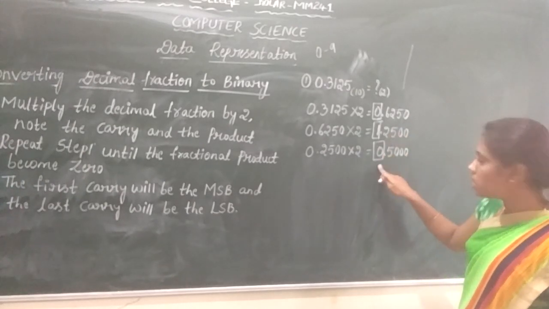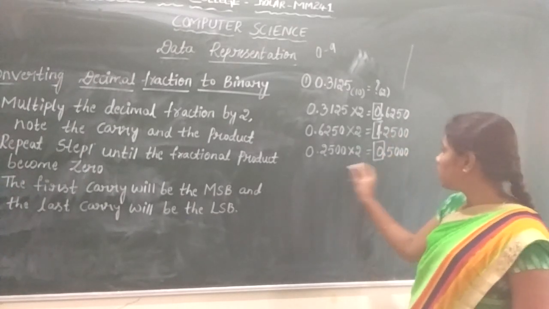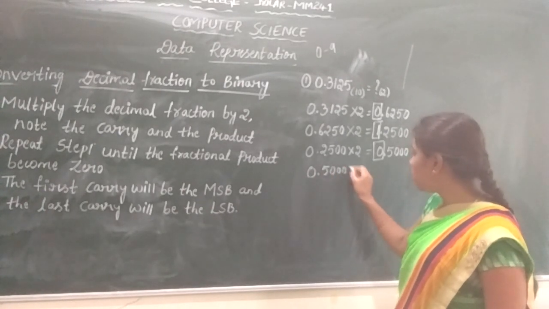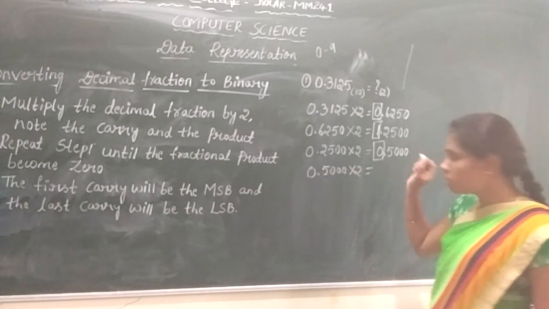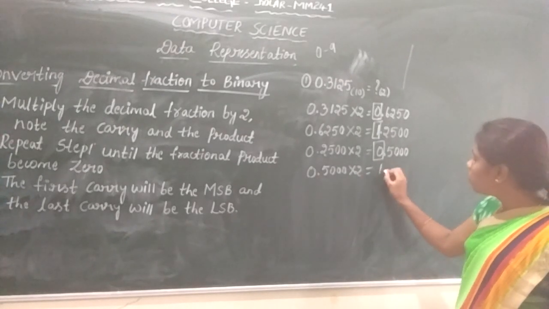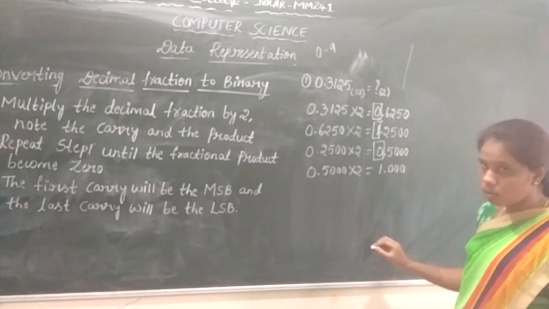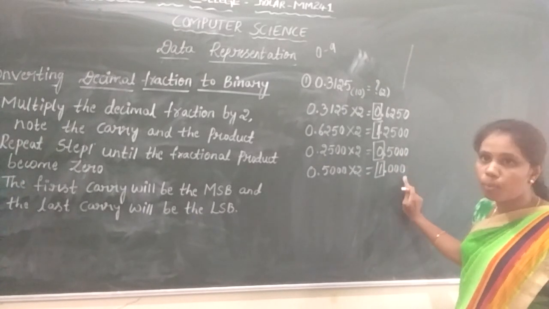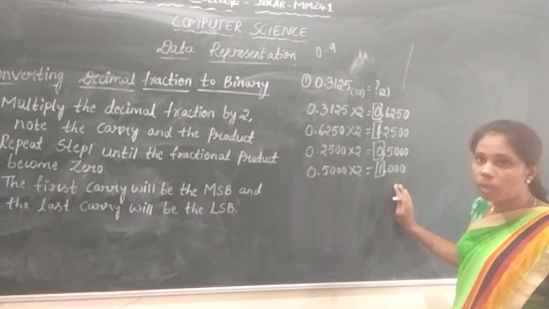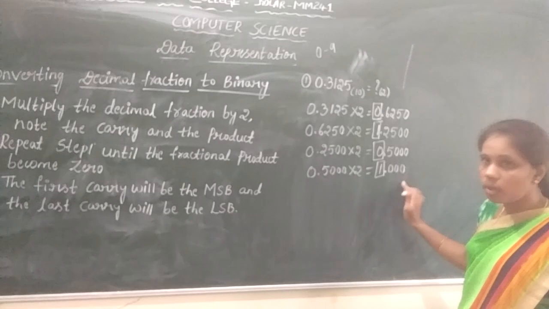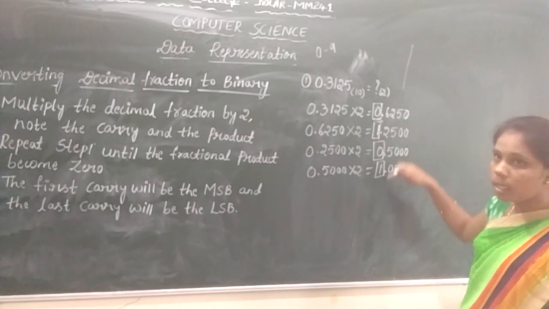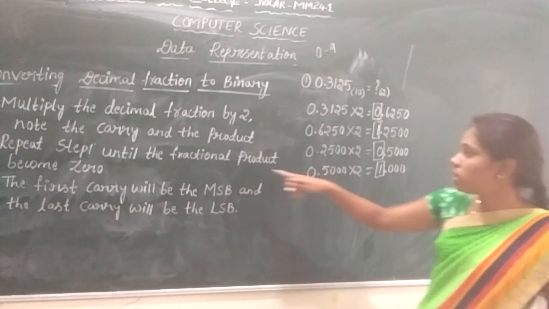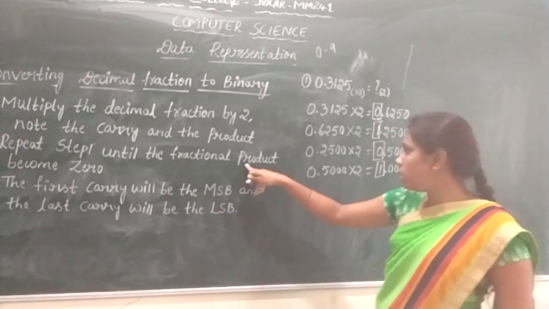This we call the integer part or carry, and take the fractional value and multiply it by 2. You will get 1.000. Now take down this value. Now we got the fractional part as 0. We need to stop the multiplication here itself and consider only the integer parts from top to bottom. So this is step 3.